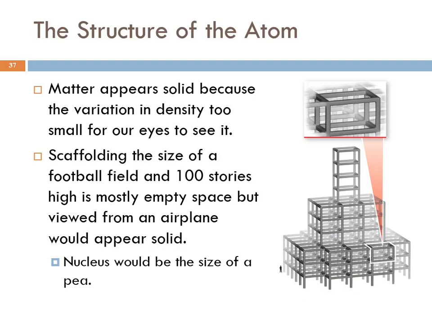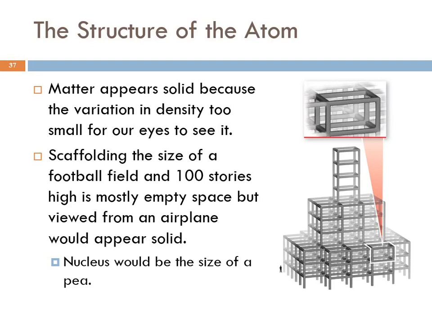And when we look at matter, we can't see the variations because the variations occur on such a small distance, on such a small scale. And yet matter is mostly empty space. If we had this ginormous scaffolding and that represented an atom, the nucleus would be the size of a pea in the center of it.